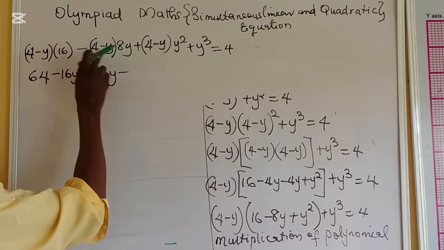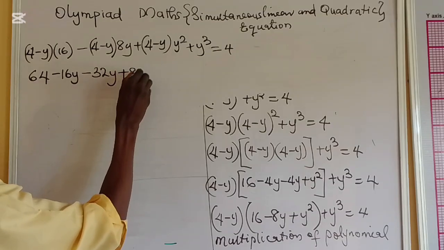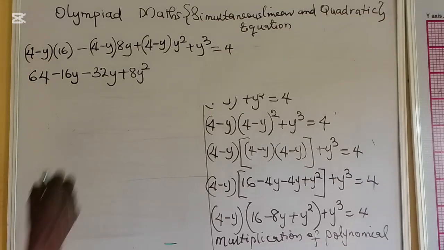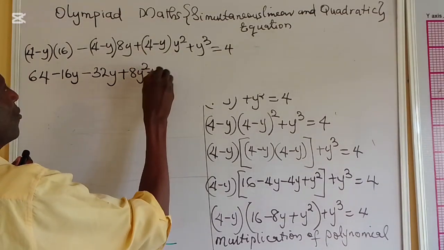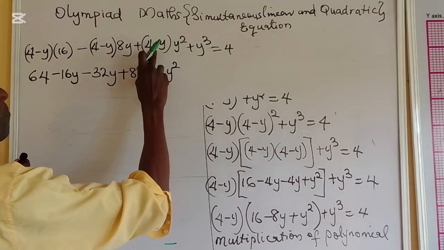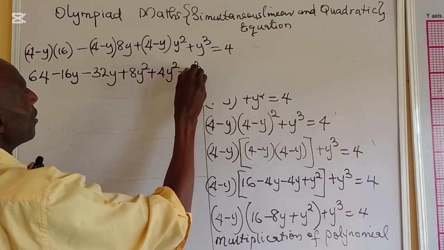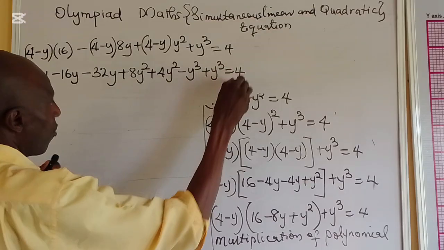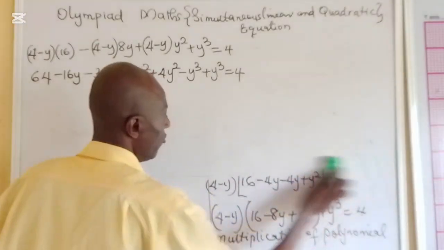Minus 8y times minus y gives us plus 8y squared. Then y squared times 4 gives us plus 4y squared. y squared times minus y gives us minus y raised to the power of 3, plus y raised to the power of 3 is equal to 4. Alright? Don't disconnect, stay tuned.